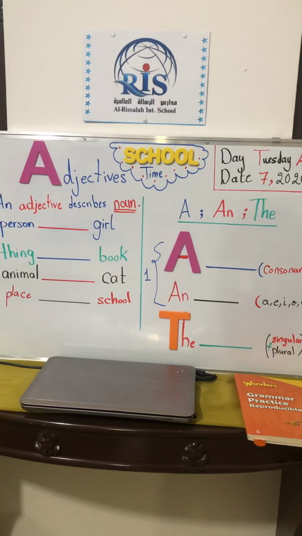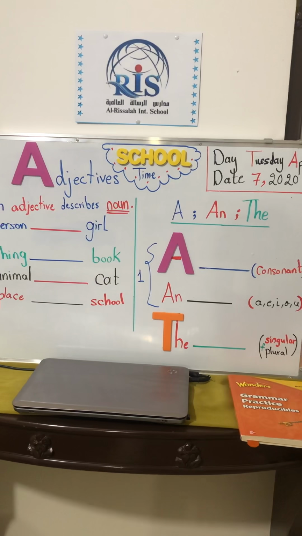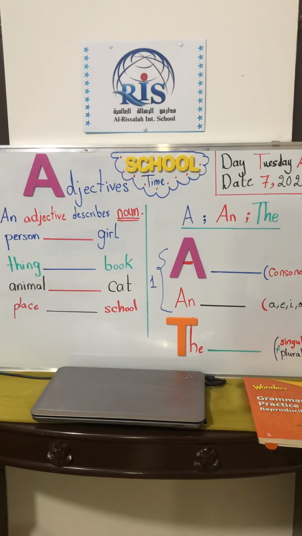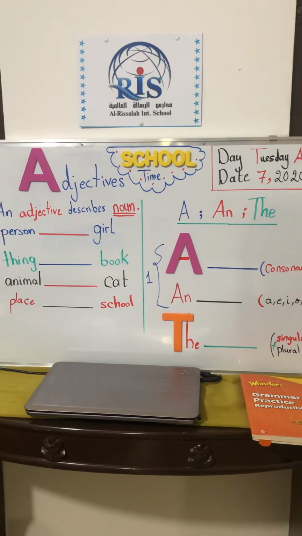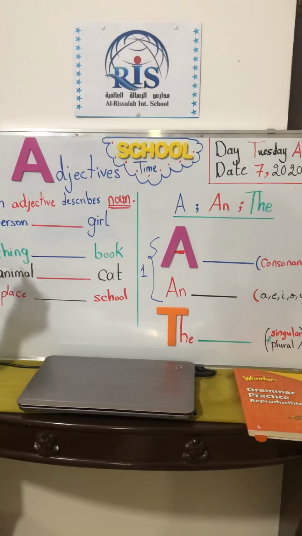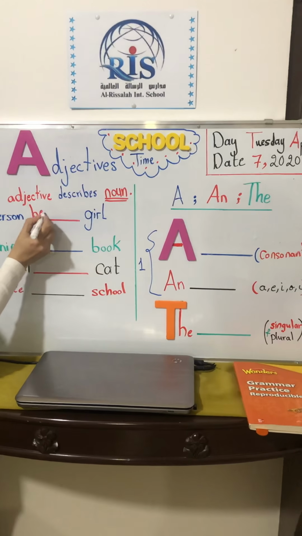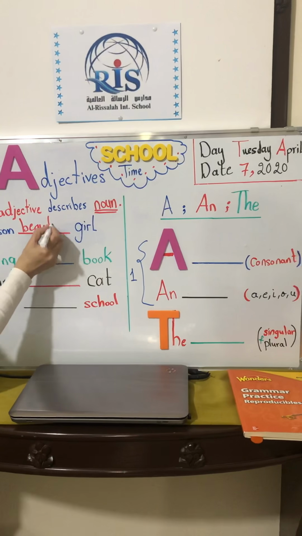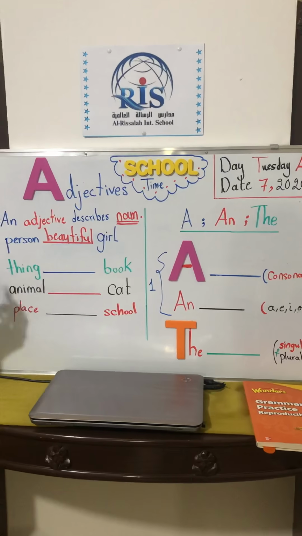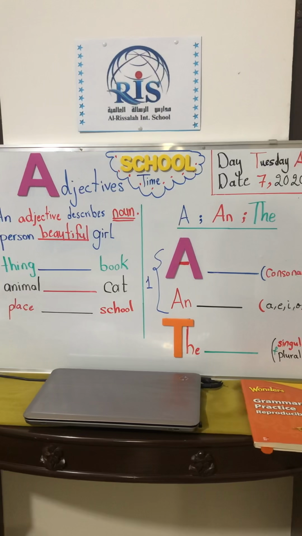For example, let's start. When we have a girl, instead of saying a girl, we are going to say a beautiful girl. Now we have a book.